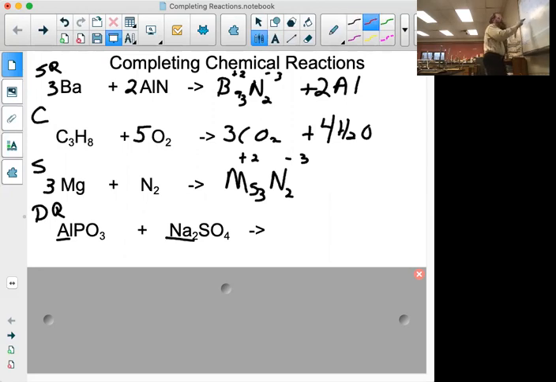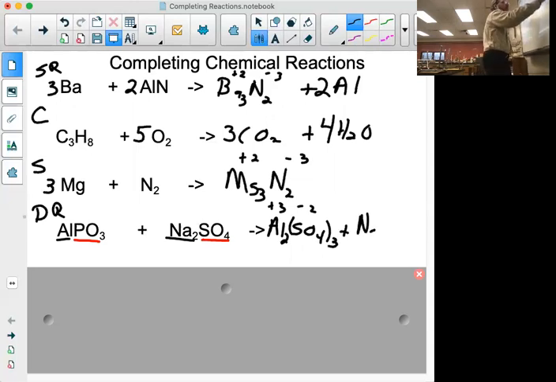My anions are the polyatomics PO3 and SO4. So we're going to swap those partners. Al is going to go with SO4. Oxidation numbers, aluminum is +3, sulfate is -2, doesn't equal 0. Swap them down. Al2(SO4)3, plus Na is going to go with PO3.